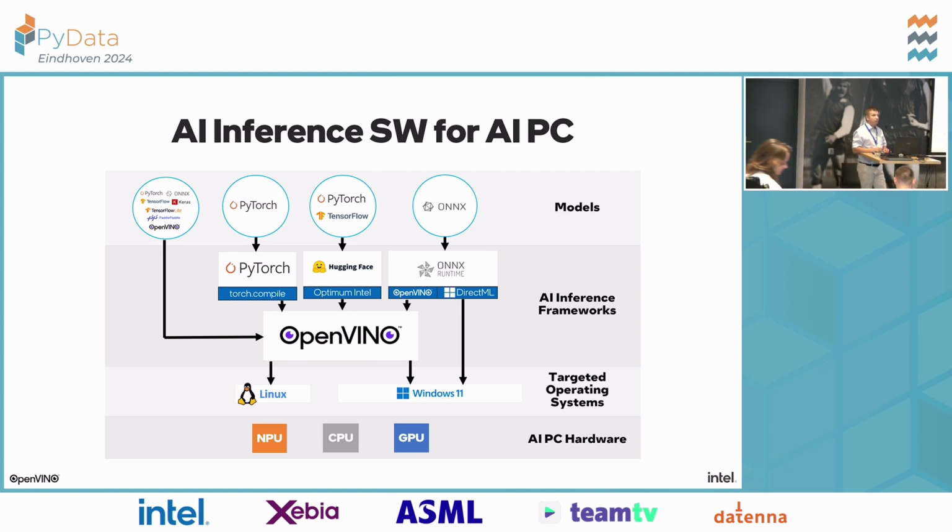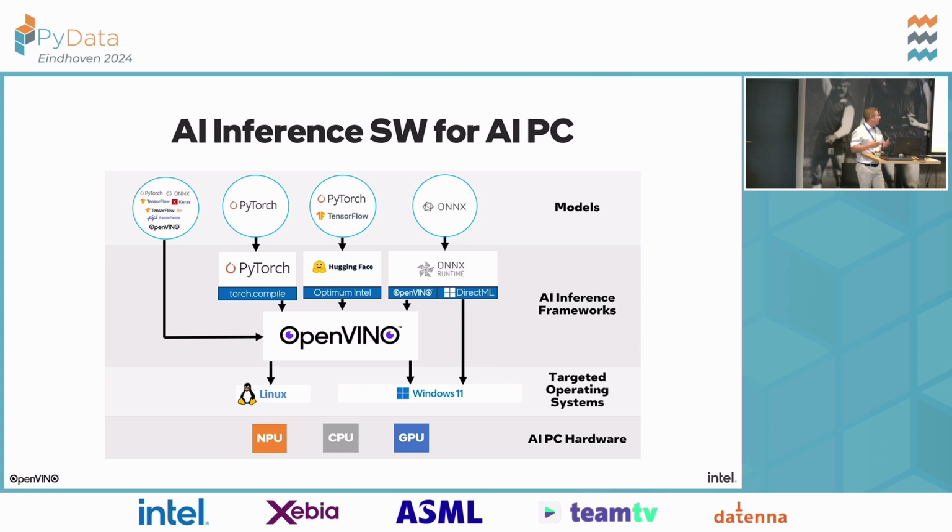And OpenVINO is our leading product, so it's an AI inference toolkit, which allows you to work with models in, let's say, almost any format. You can see on the left that OpenVINO can read PyTorch, ONNX, TensorFlow, and many other formats.